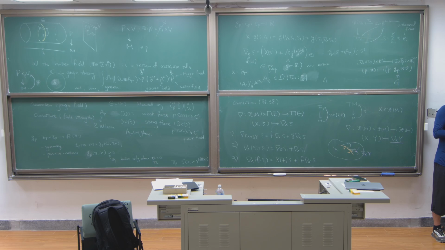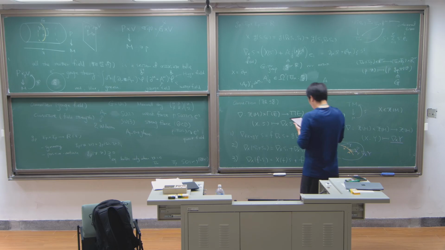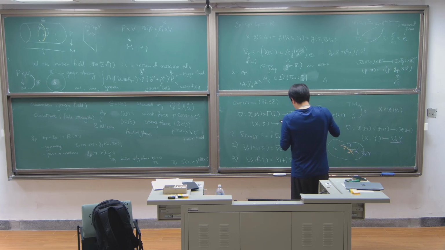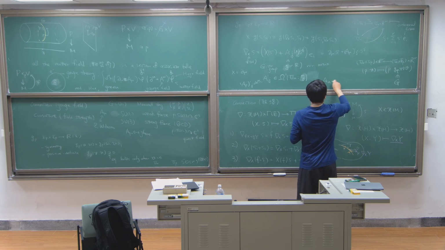I think my notation is somewhat floppy. Maybe so A alpha is equal to G alpha beta.